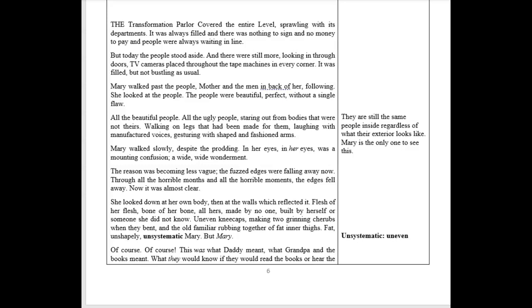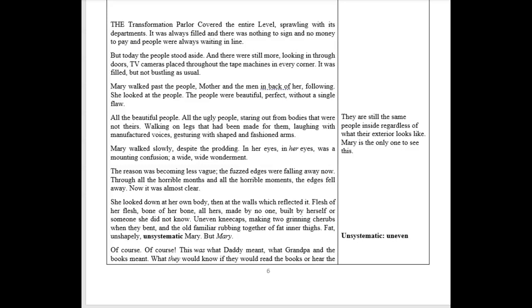Mary walked slowly despite the prodding. In her eyes was a mounting confusion, a wide, wide wonderment. The reason was becoming less vague, and fuzzed edges were falling away now. Through all the horrible months and all the horrible moments, the edges fell away, and now it was almost clear. She looked down at her own body, and then at the walls which reflected it.